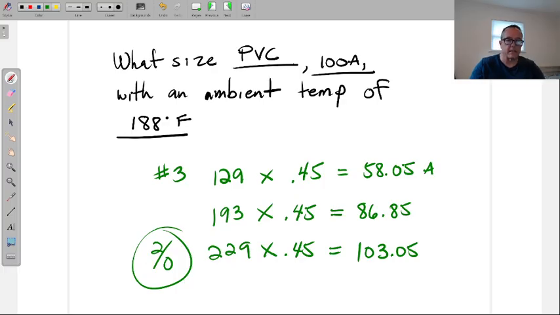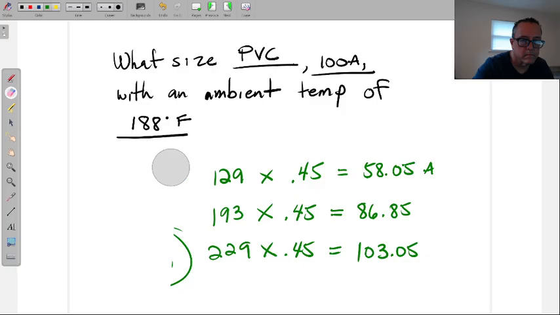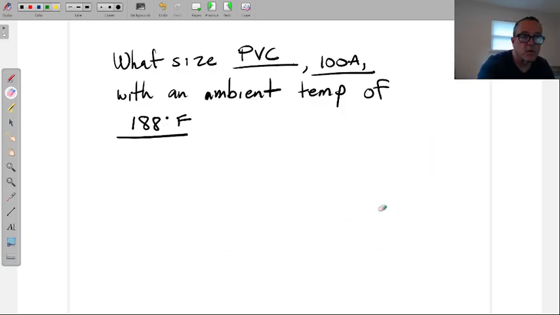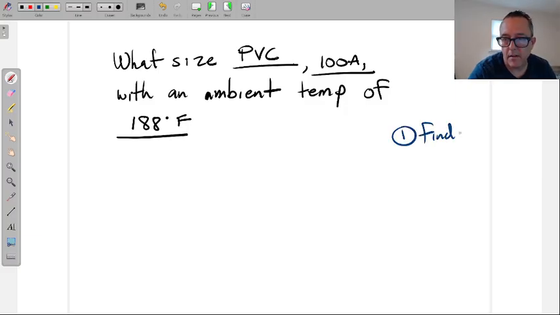And it's not starting with the wire. Let's erase this. The easier way to get this is step 1: find the correction factor. Start with the correction factor first.